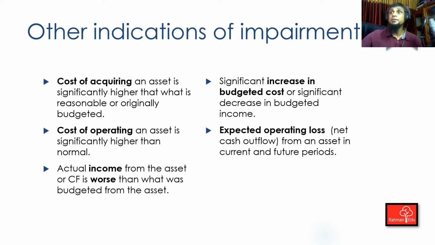And then budgeted cost or income significantly changed because of some reason. Income decreased, cost increased in the budget for the next year, maybe. Initially the level of income you put in the budget was 30,000 per month. Now for some reason you are saying no, it's not going to happen.